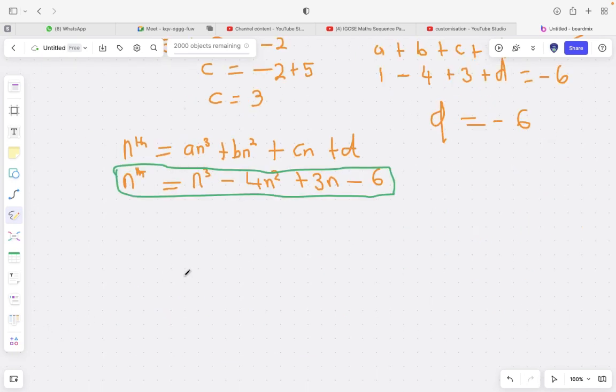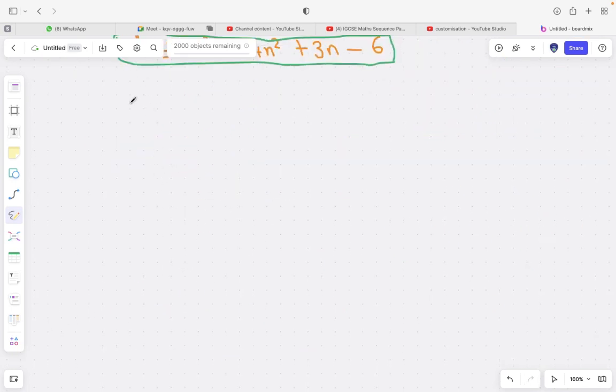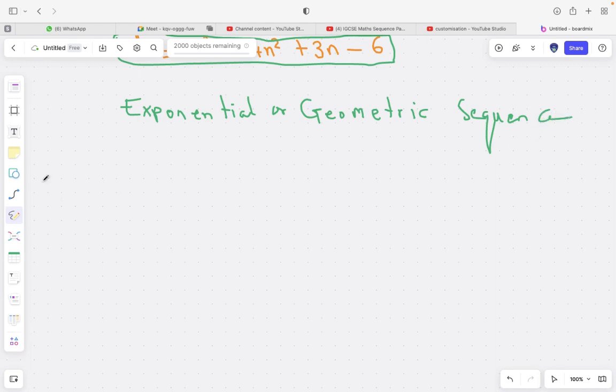So let's quickly take a look at, we want to round that one up today, exponential or geometric sequence.